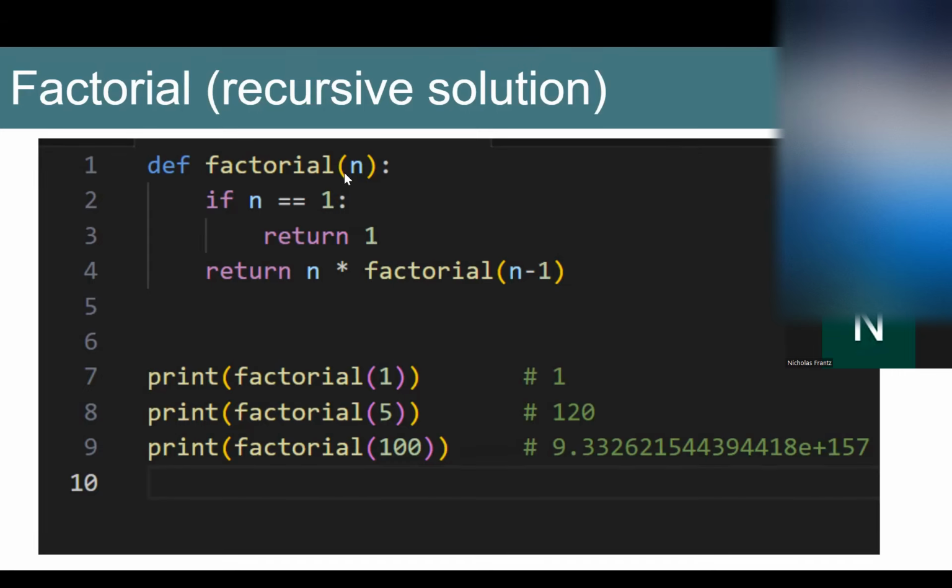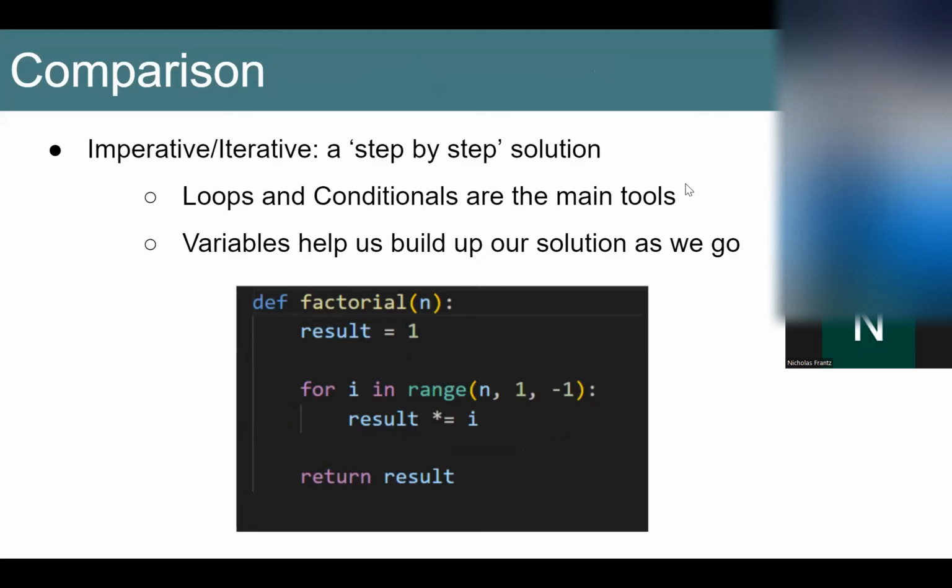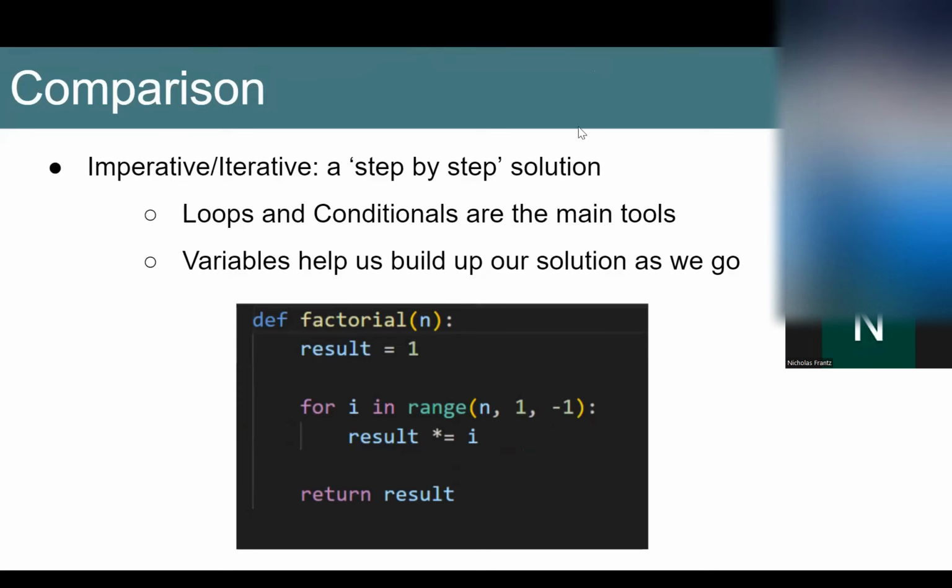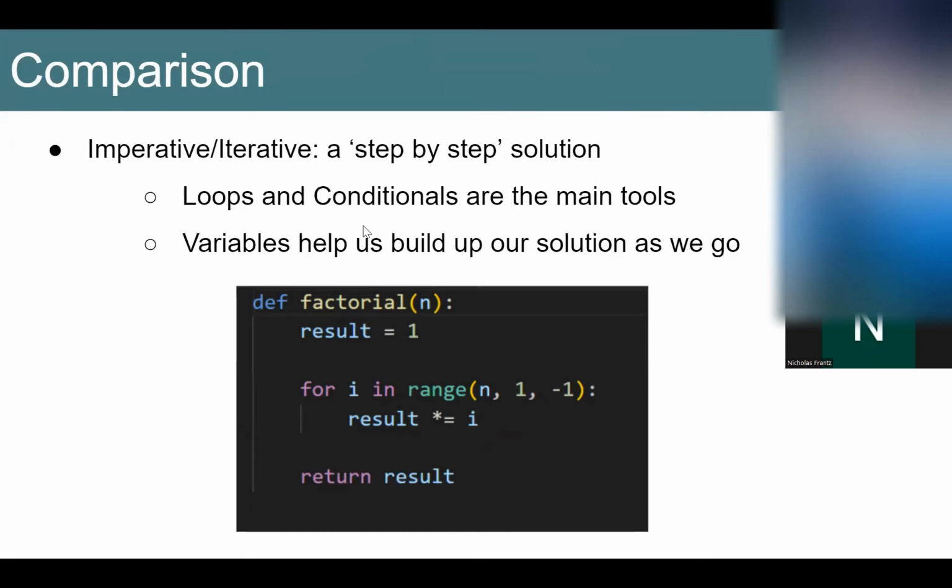Yeah, Fibonacci sequence, like you're saying, Ethan, is a perfect example of this. So if we want to compare our two solutions, the iterative function that we wrote is step by step, right? We're using a loop, going 4, 3, 2, 1, and smushing them together. We're using conditions, and variables like a result variable help us build our solution up as we go.